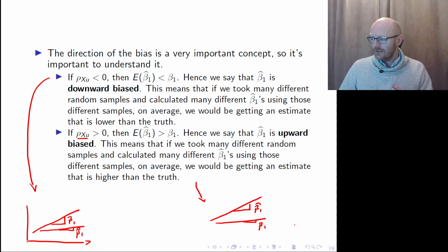And you could have a negative true slope, but in your sample you find a positive slope because you forgot to include or couldn't include some important variables.